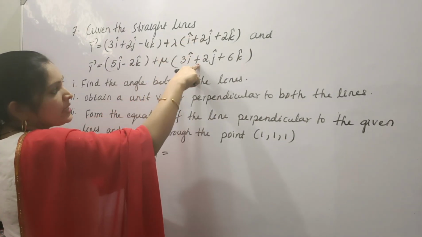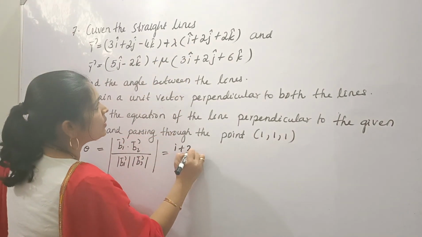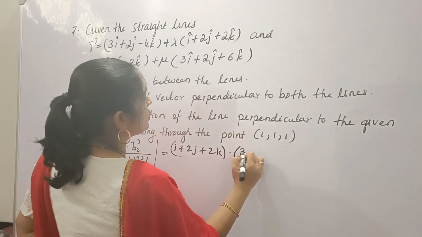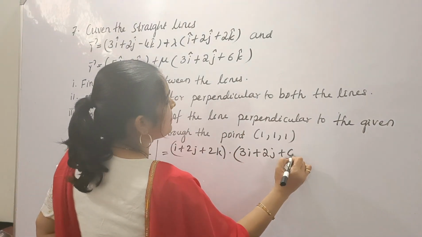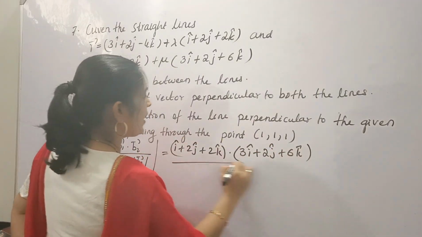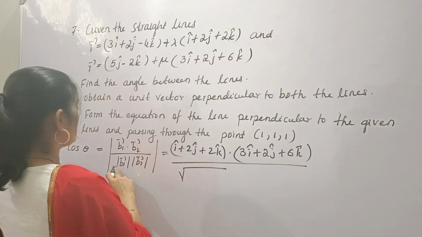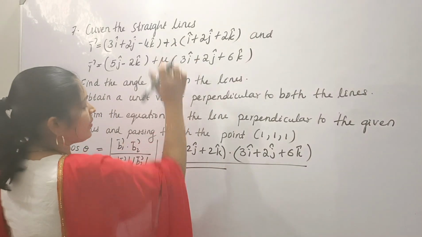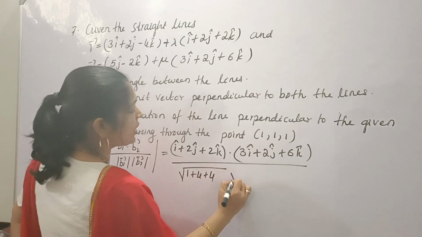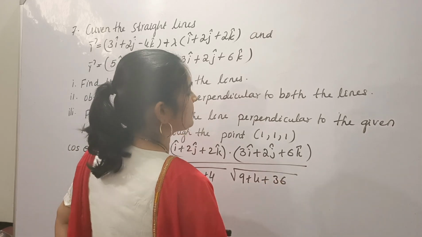So vector b1 is i + 2j + 2k, dot vector b2, 3i + 2j + 6k, divided by the square root of (1 squared + 2 squared), sorry, 1 + 4 + 4, into the square root of (3 squared, 9 + 4 + 36).